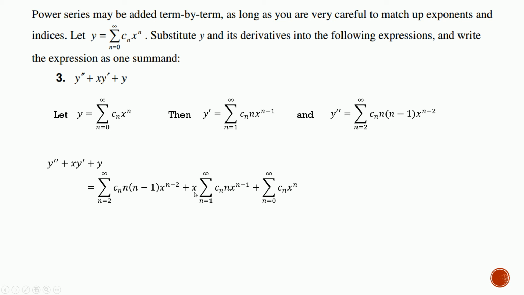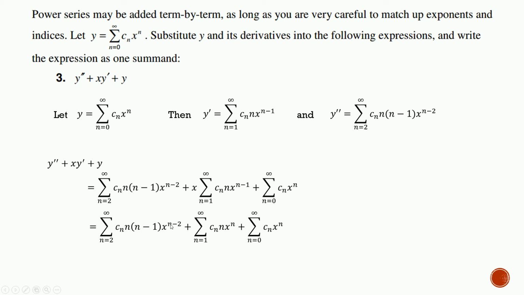So on the second term, this x, when I bring it inside, is going to increase this exponent by 1. That's what I get here, x to the n. The first and the third sum did not have anything outside of it.